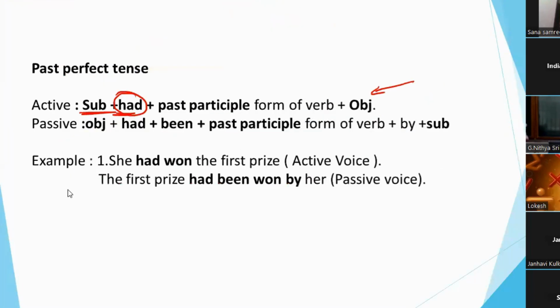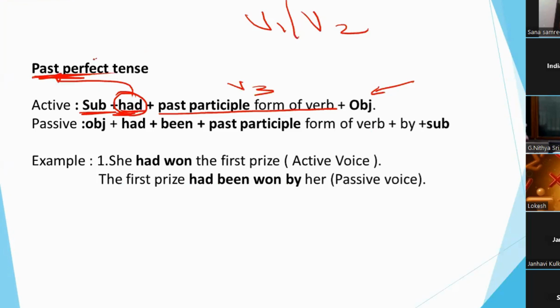So now when you have the past perfect tense, the structure is subject plus had, then the past participle form of verb, that is V3 form of verb. Unless and until you have simple present tense, you have to use either V1 or V2.